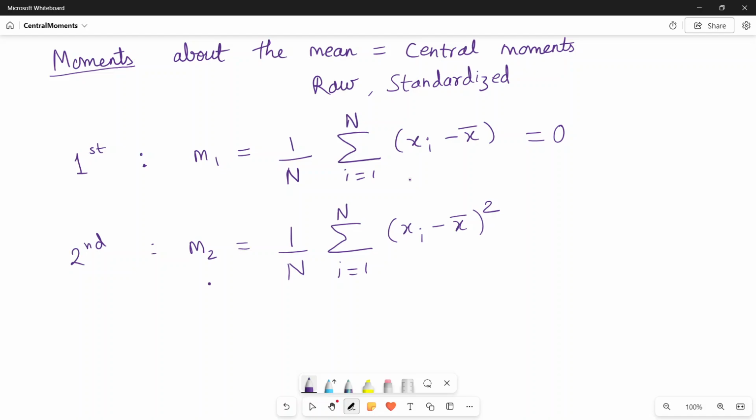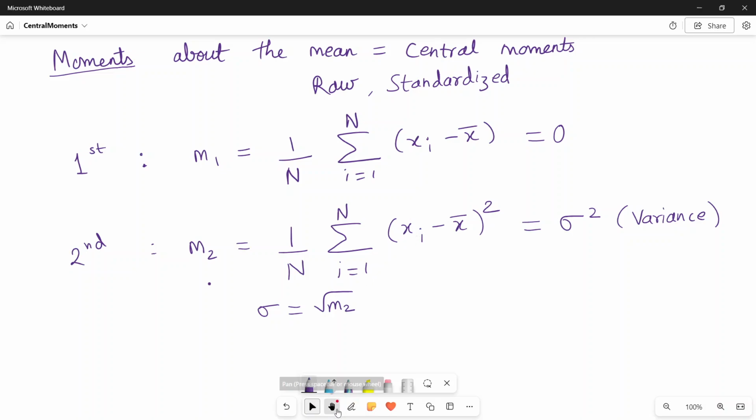So does it look familiar to you? This is nothing but sigma square, that is the variance. And therefore you can say that the standard deviation sigma is square root of the second moment m2.